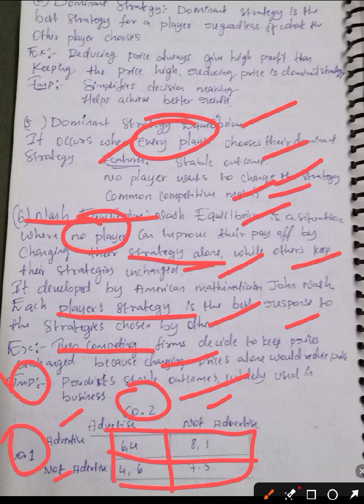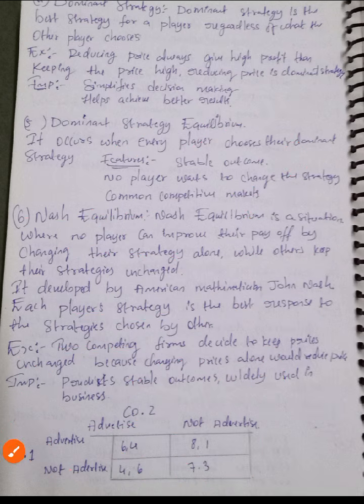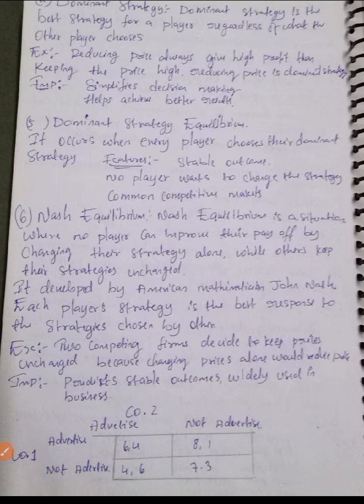If they do not advertise, they get 8 and 1. For company 1, if they advertise they get 6 and 4, if not, 4 and 6. So there is no maximum increase or decrease, it is constant. Whether they advertise or not, they achieve something. This is the example.